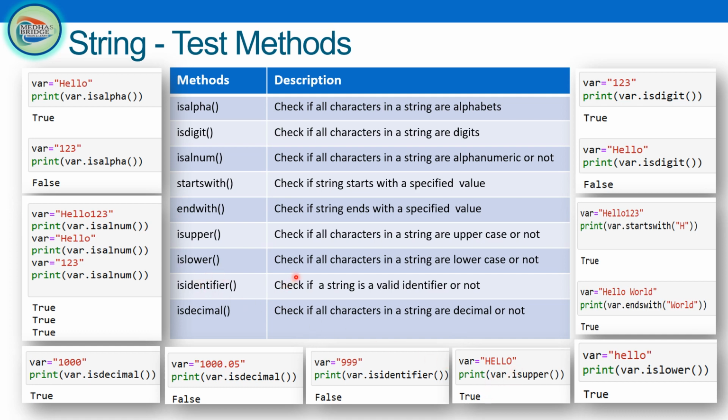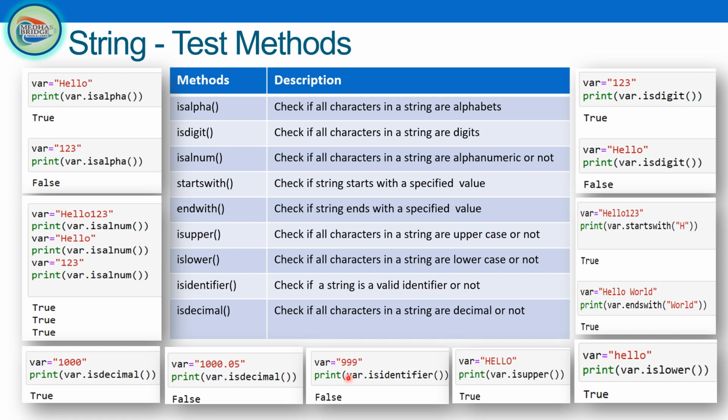islower checks if all characters in a string are lowercase or not. In this example, all characters in the string are lowercase letters, so it returns true. isidentifier: this is an example. It checks whether the given string is a valid identifier or not.